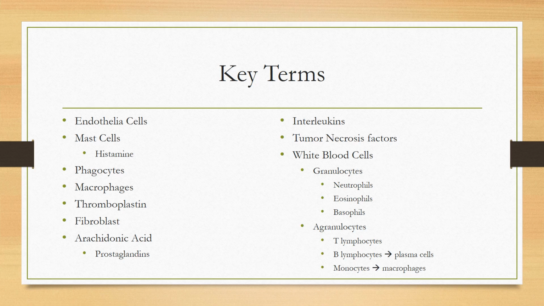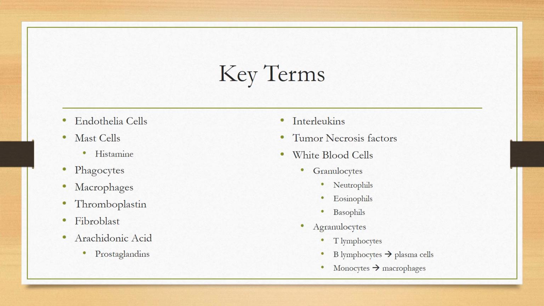Those cells support and protect, they absorb, excrete, and secrete. Then we have our mast cells, and these are cells that are filled with basal cells, or basophils, which is part of your white blood cells.